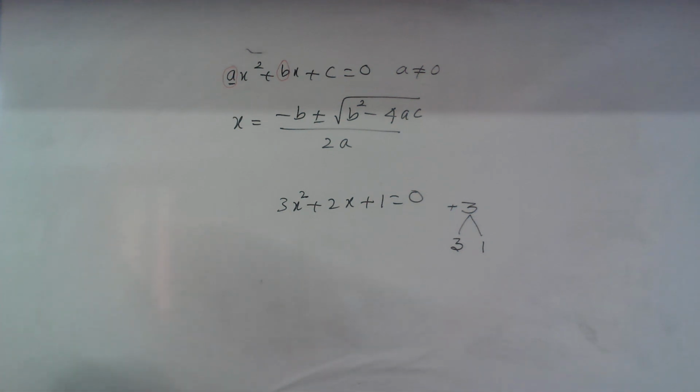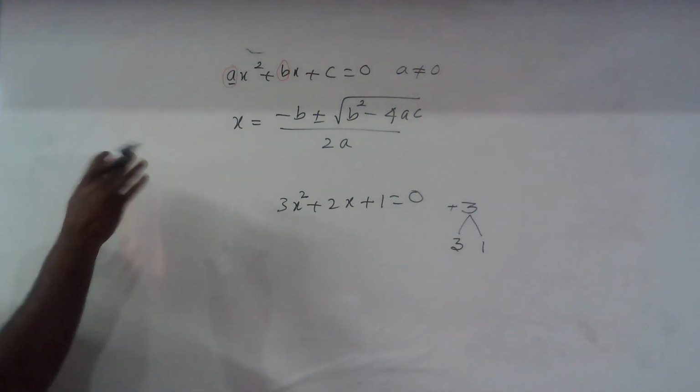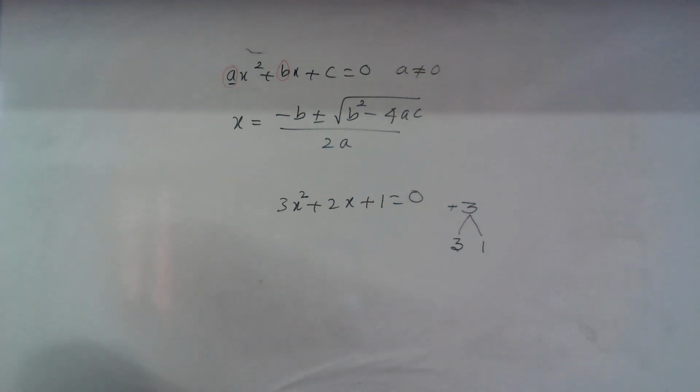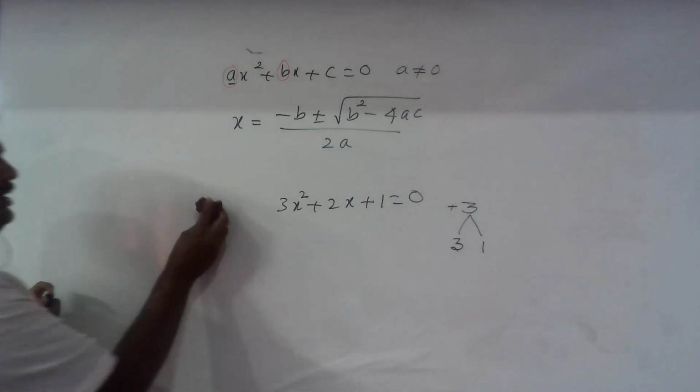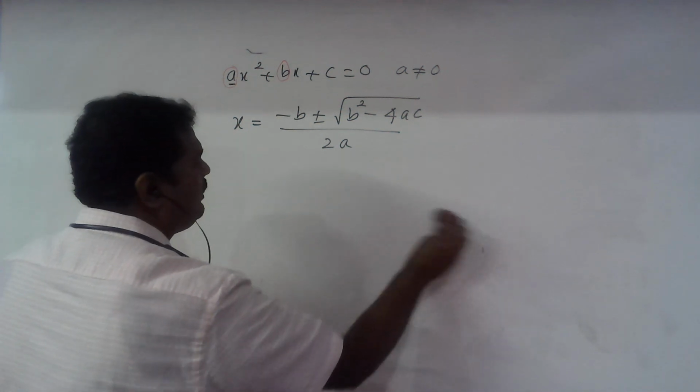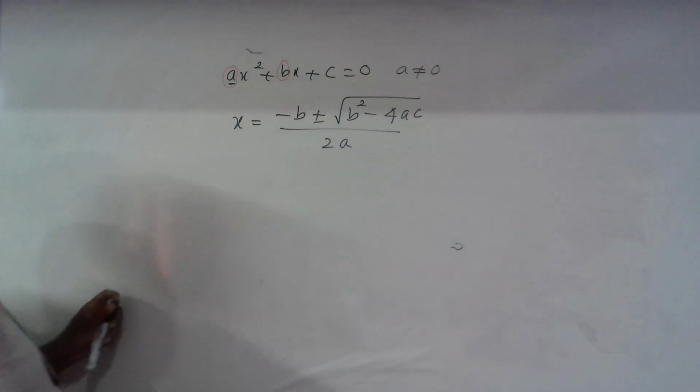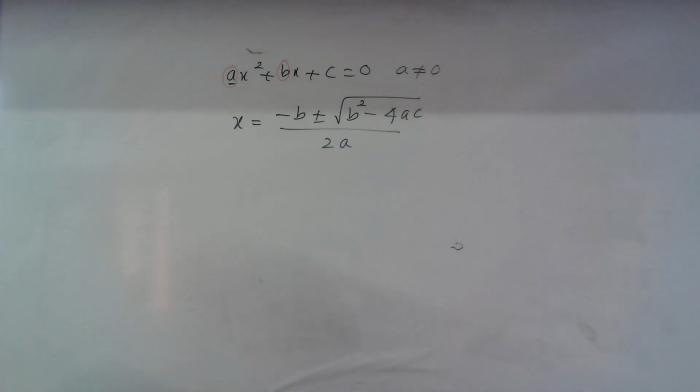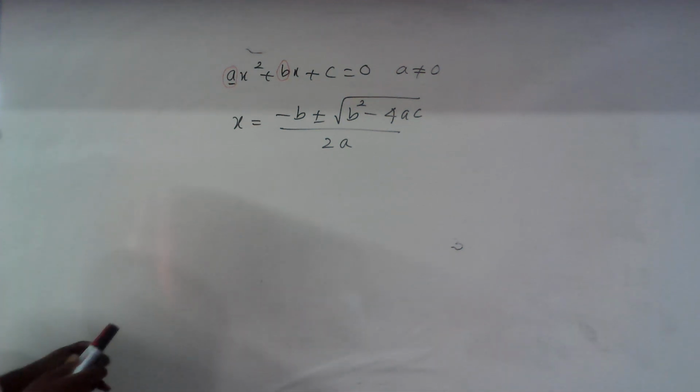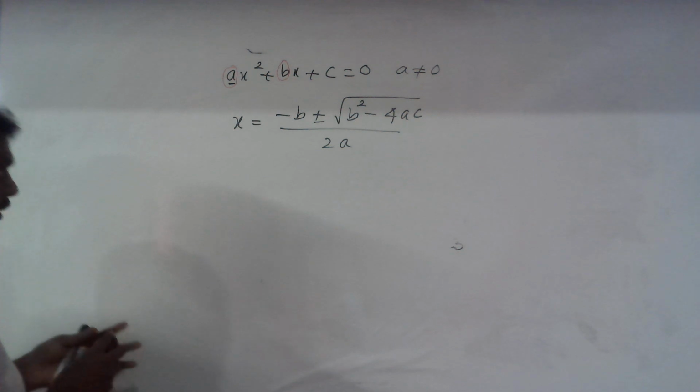Once you get the values of a, b, c, substitute in the formula and you will find the roots. So how many roots will I get? You know that in a quadratic equation the degree of x is 2. Therefore, the number of roots is 2 here. So, a quadratic equation always has at most 2 roots. Now let us find the roots of a quadratic equation.